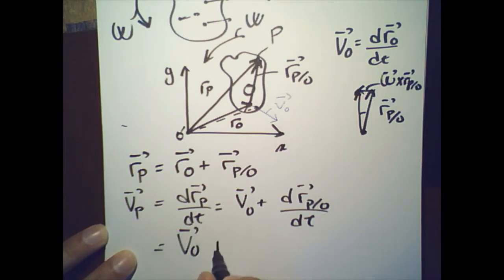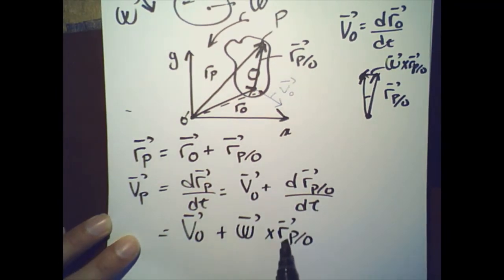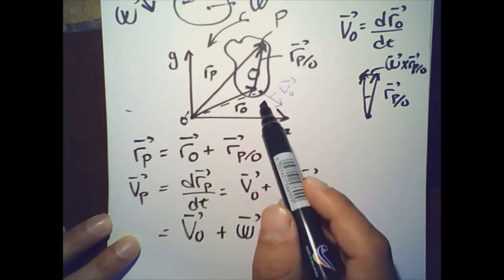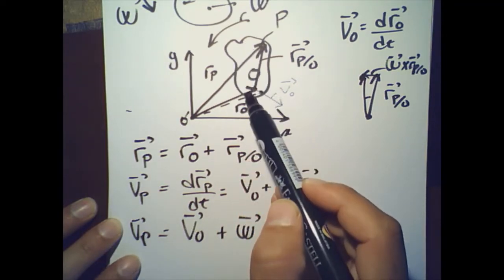So Vo plus omega cross RPO, and this component will give me the contribution of the angular rotation. So for the velocity of point P on the rigid body, if this object is not rotating, then omega is 0, and then the velocity of any point on that rigid body will be equal to Vo.